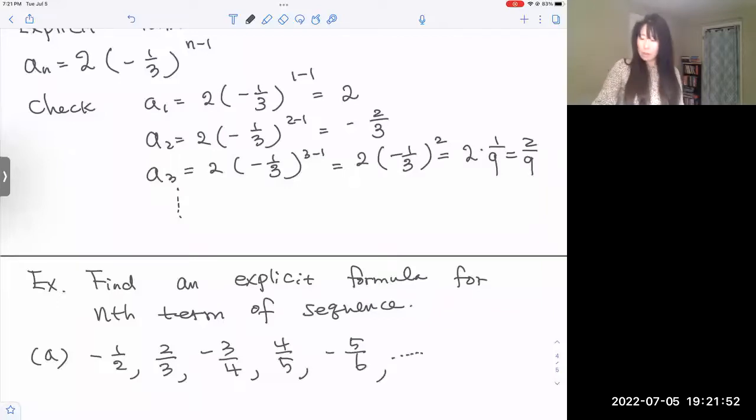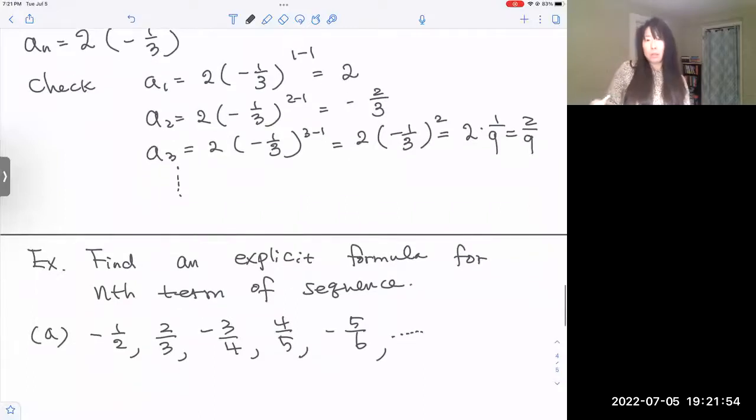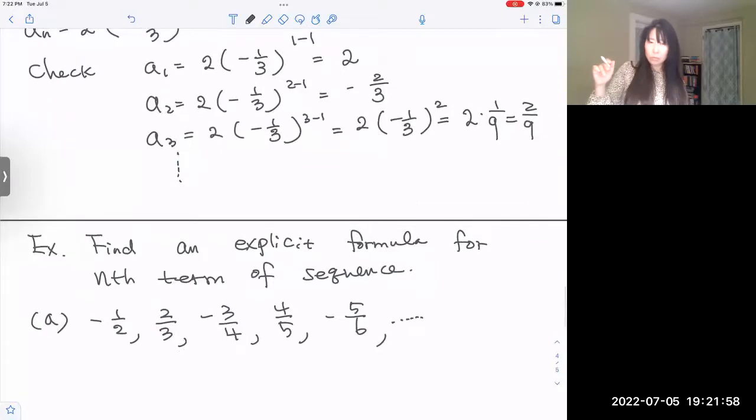Okay. Denominator: something increased by 1, right? Numerator: something increased by 1, but there is a sign.